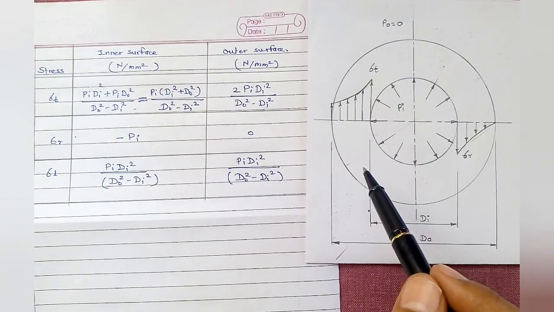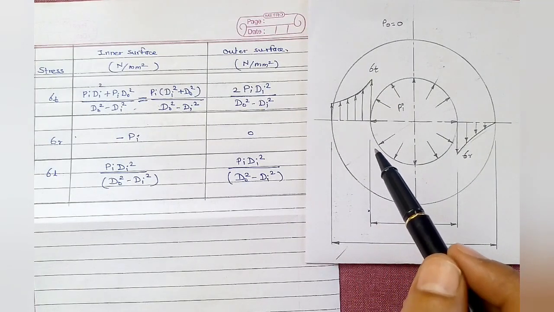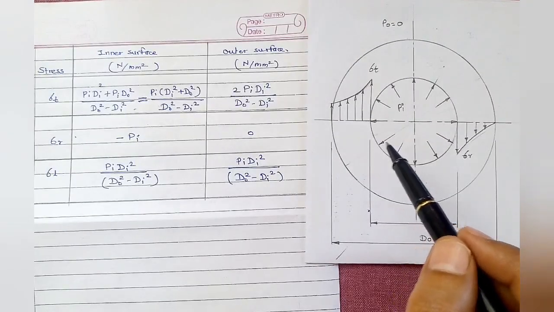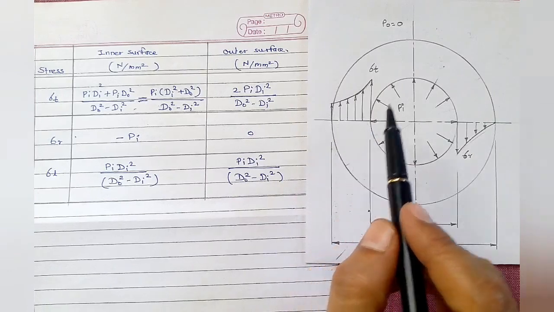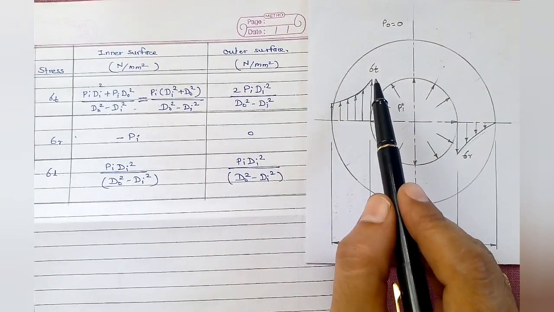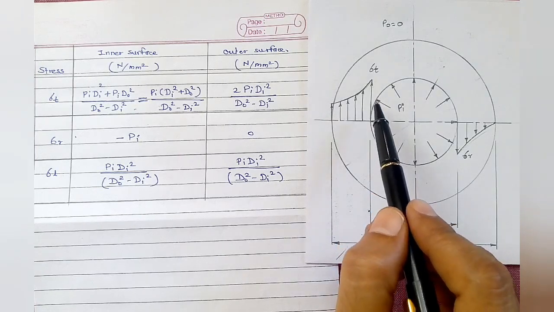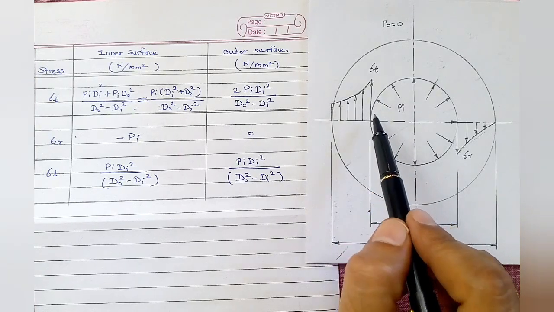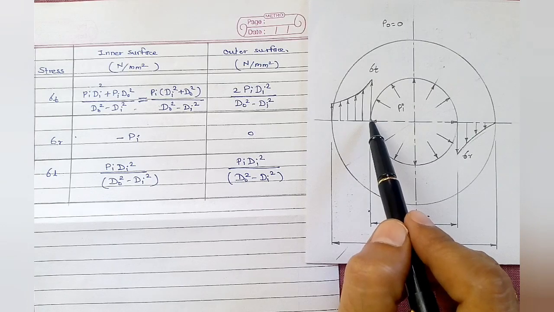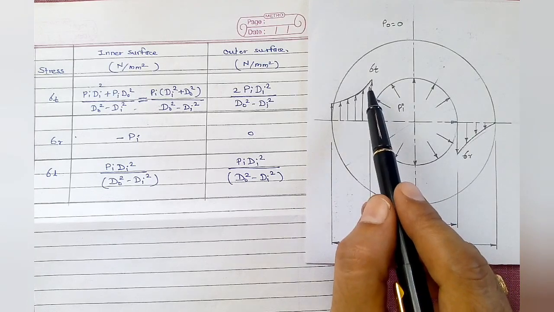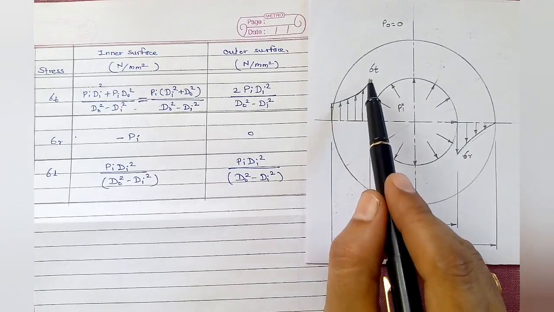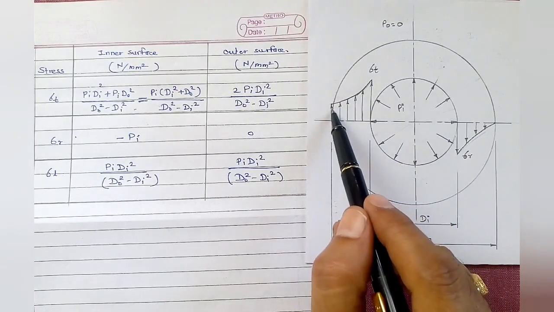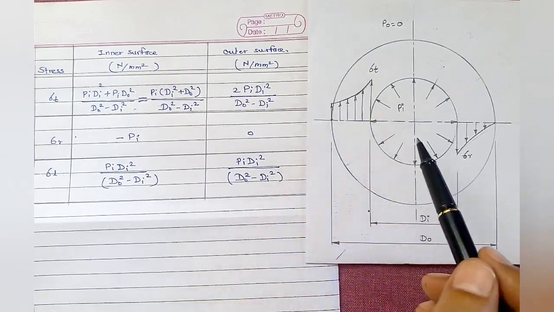If I draw the stress distribution along the thickness of the cylinder, the tangential or circumferential stress will have maximum magnitude at the inner surface as shown, and it will gradually reduce up to the outer surface, where sigma t will be minimum.